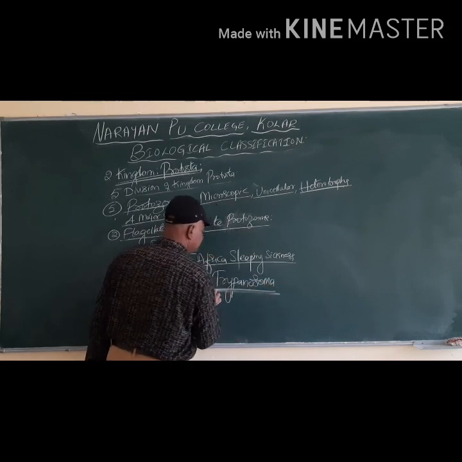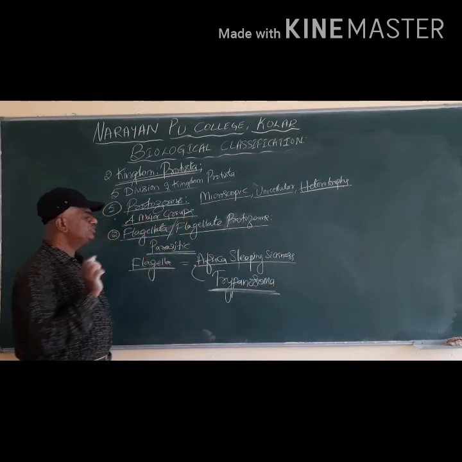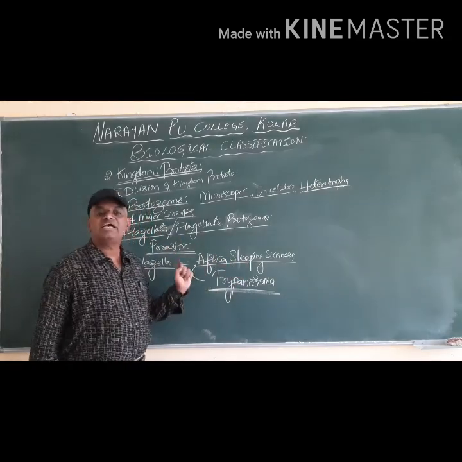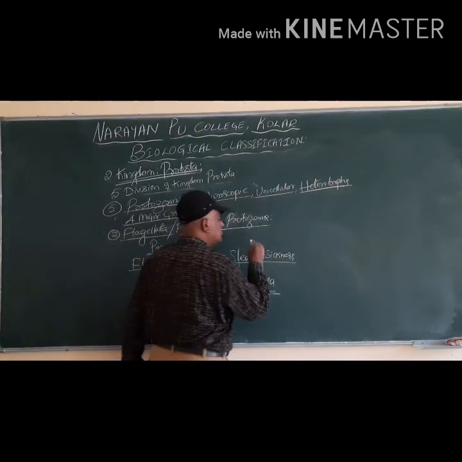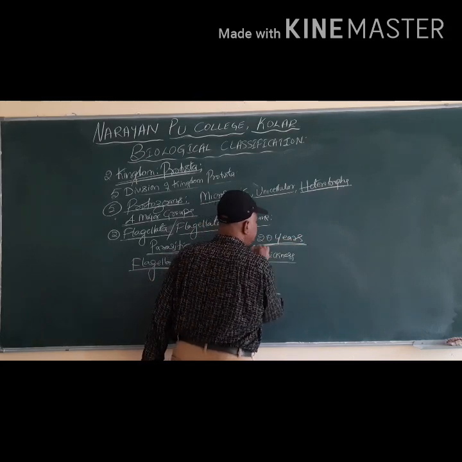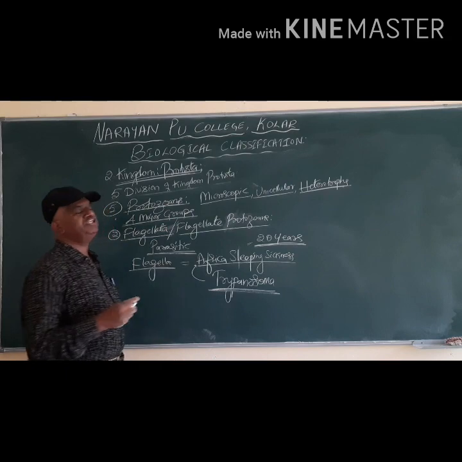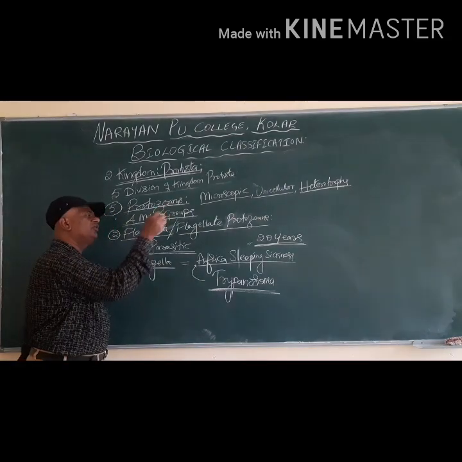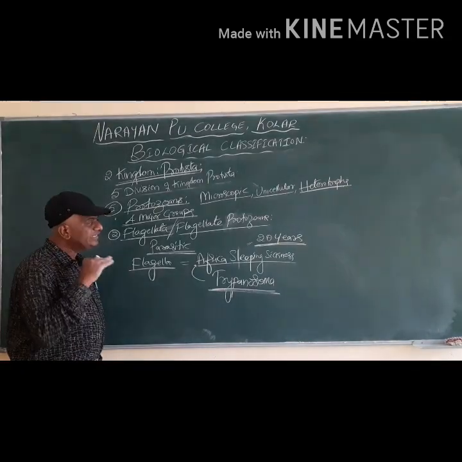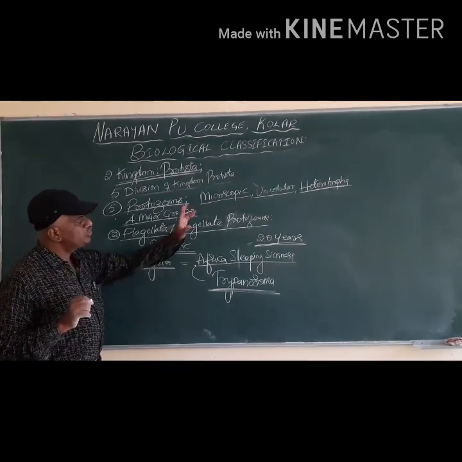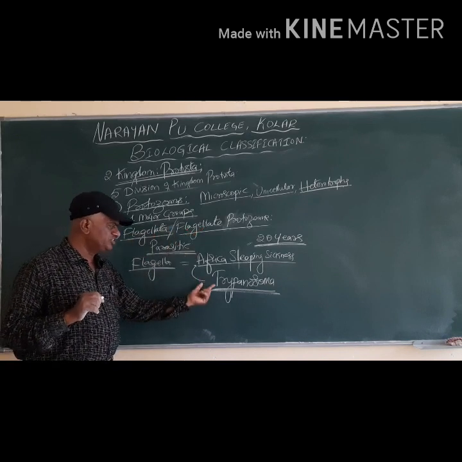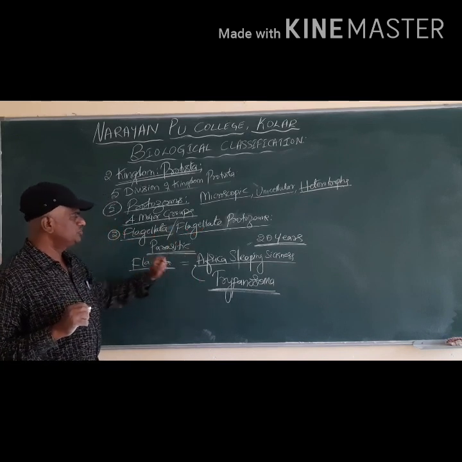Trypanosoma causes African sleeping sickness. This sleeping sickness has an incubation period of nearly 20 years. The incubation period is the time from when they enter an organism and settle until they cause symptoms. So for flagellata, the example is Trypanosoma. This is about sleeping sickness.